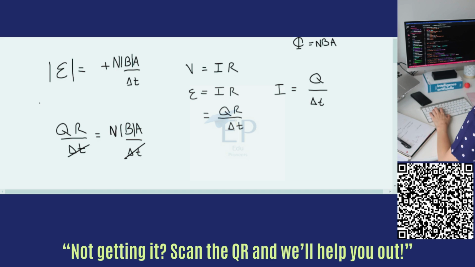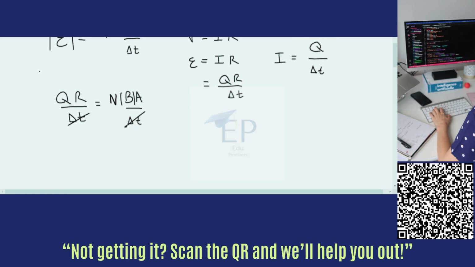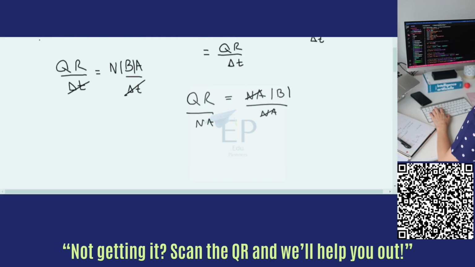So now we're going to solve for B. So we'll just divide both sides of our equation over there by N and A. So we have N times A times B, divided by NA. And we will just end up with B equals QR over N times A. Okay, and these are all things we know now.